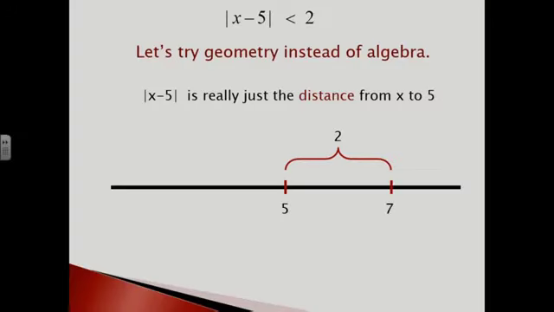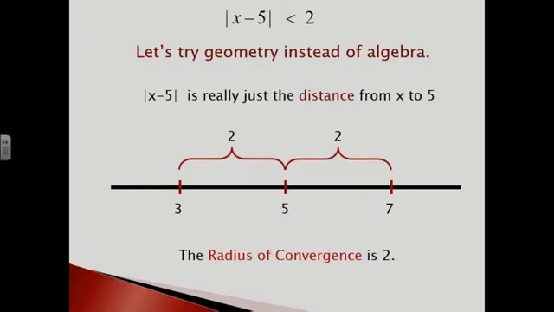They are 3 and 7. So, the points whose distance to 5 is less than 2 lie between 3 and 7. The distance from 3 to 7 is 4. Half of this distance is called the radius of convergence.